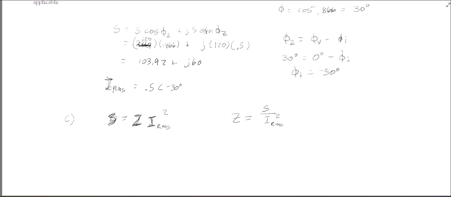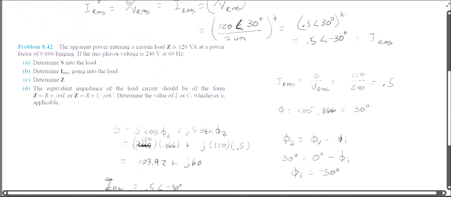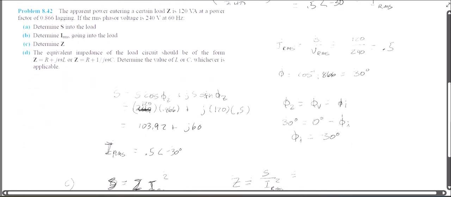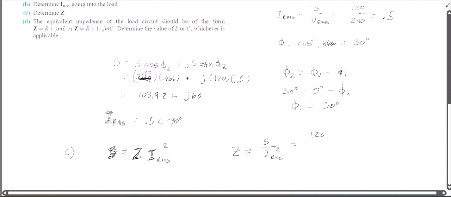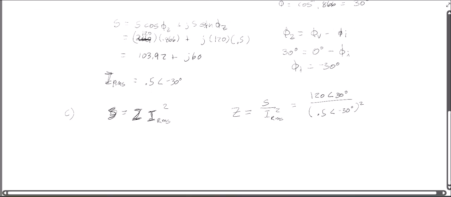These are with the angles, and S we had was 120 angle 30 degrees, and I was 0.5 angle minus 30 degrees squared.